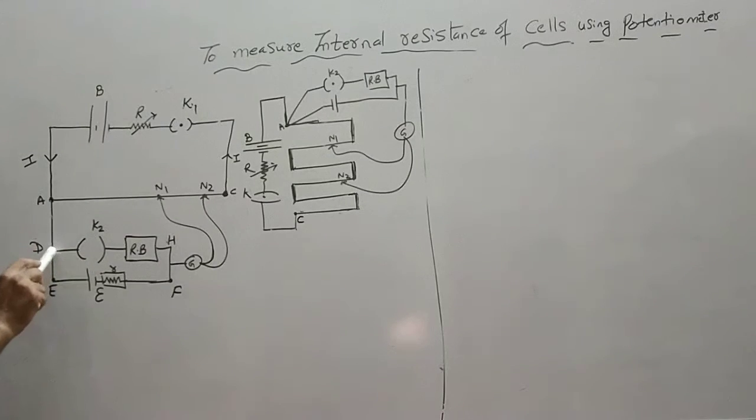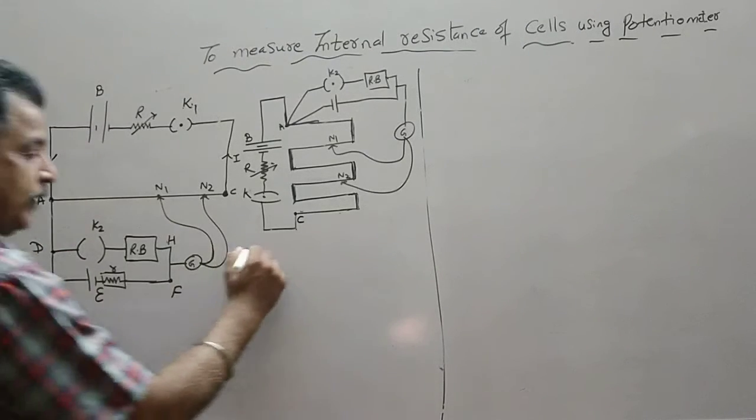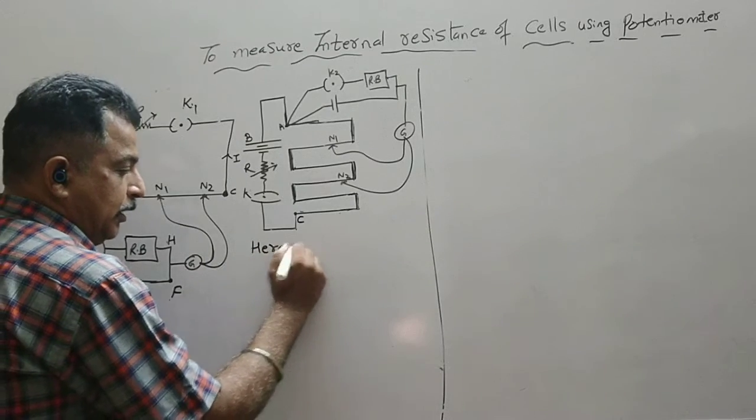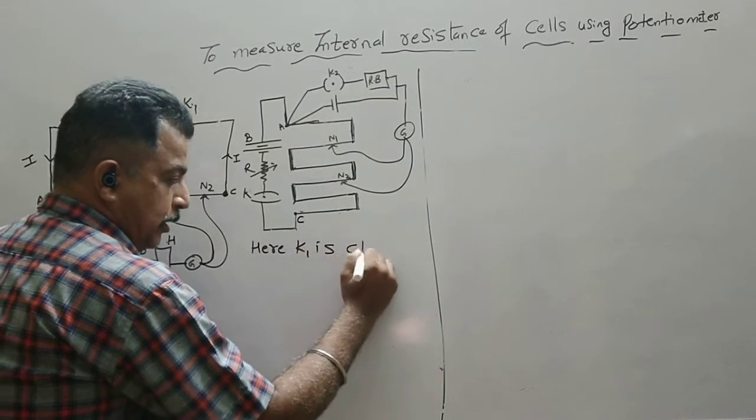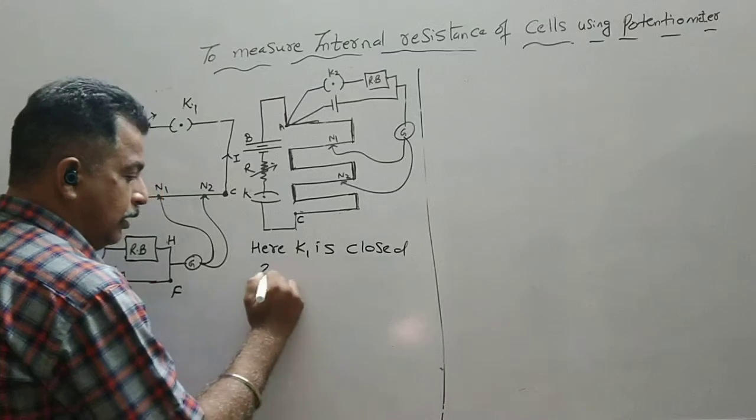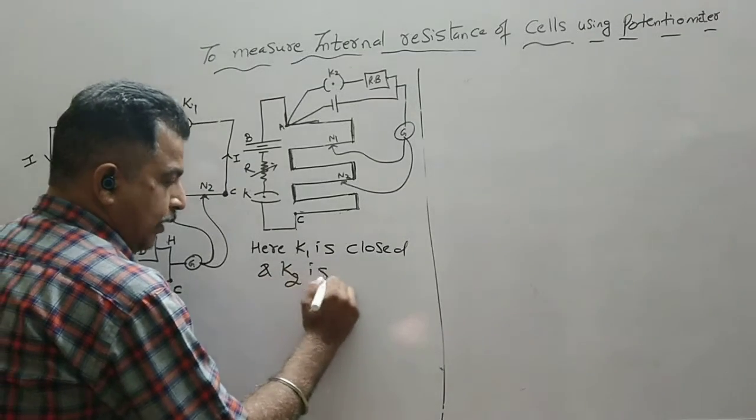Say I1 comes at this point, but the key K2 is open. So in the first part, K1 is closed and K2 is open.